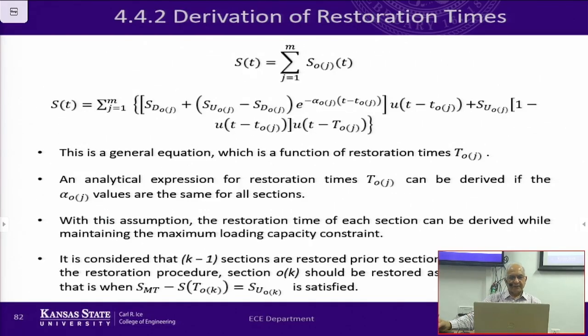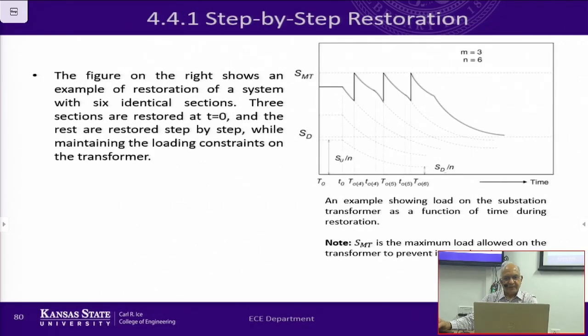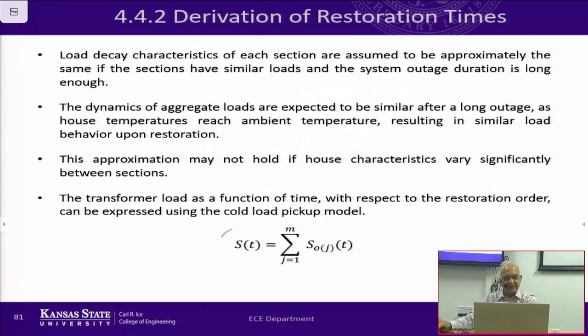And this is a little bit more involved, because in the previous slide, when I showed you the load of one section, now here you are adding loads of different sections where the individual sections are shifted in time. So you have to account for that shift. And then once you do that, this ST is the sum of M feeders.